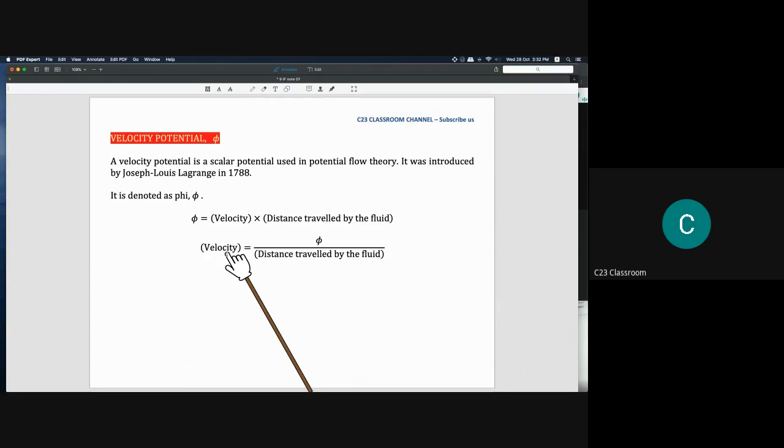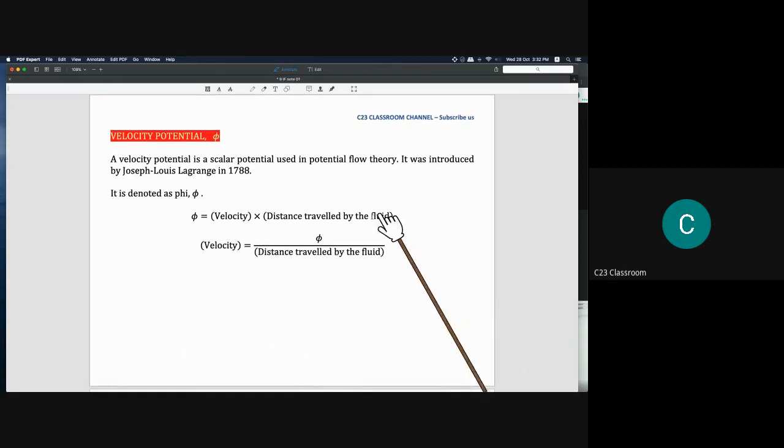Circulation is about the velocity times the distance traveled by the fluid. So we want to have a velocity here, and the velocity can be written as phi divided by the distance traveled by the fluid.